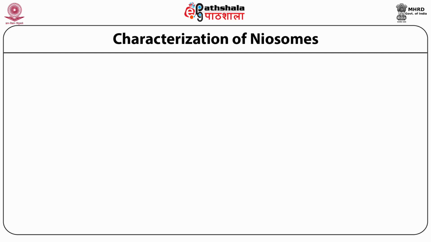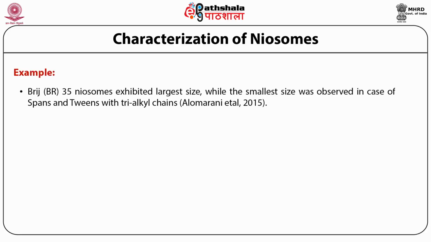In continuation to the zeta potential values for observation of neosomes, it is observed that Brij 35 neosomes exhibited the largest size, while the smallest size was observed in the case of Spans and Tweens with trialkyl chains.